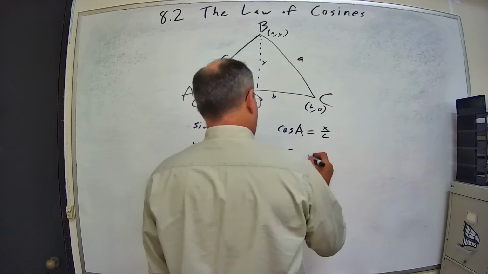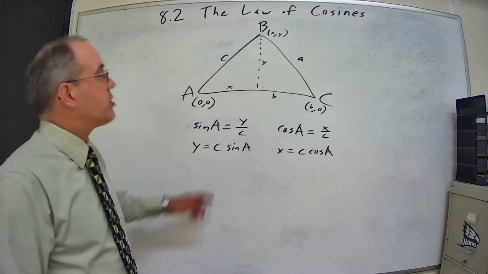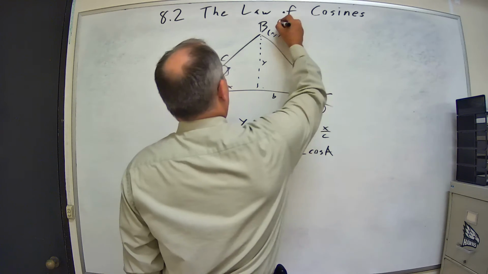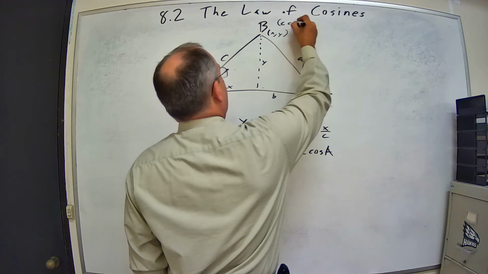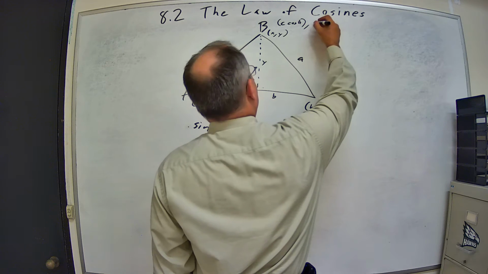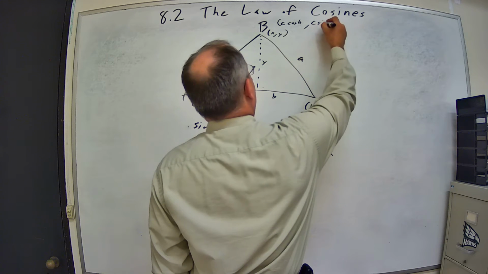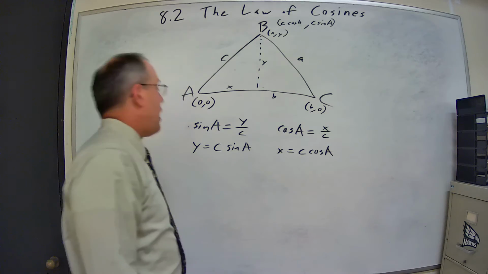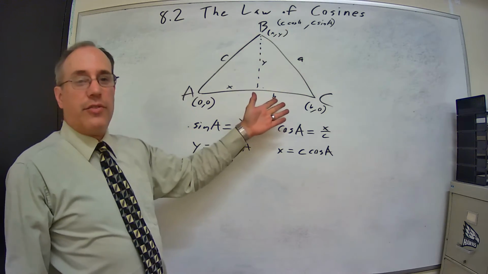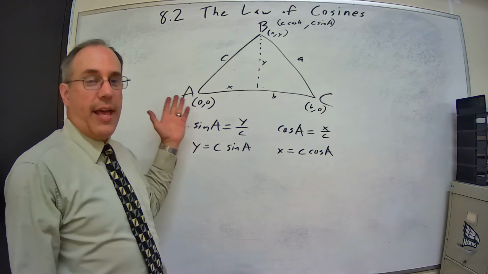So x is equal to c times the cosine of A, which means that point B is now located at c cosine A, c sine A. So I can give you B in terms of sides of the triangle, specifically side c, and angle A.